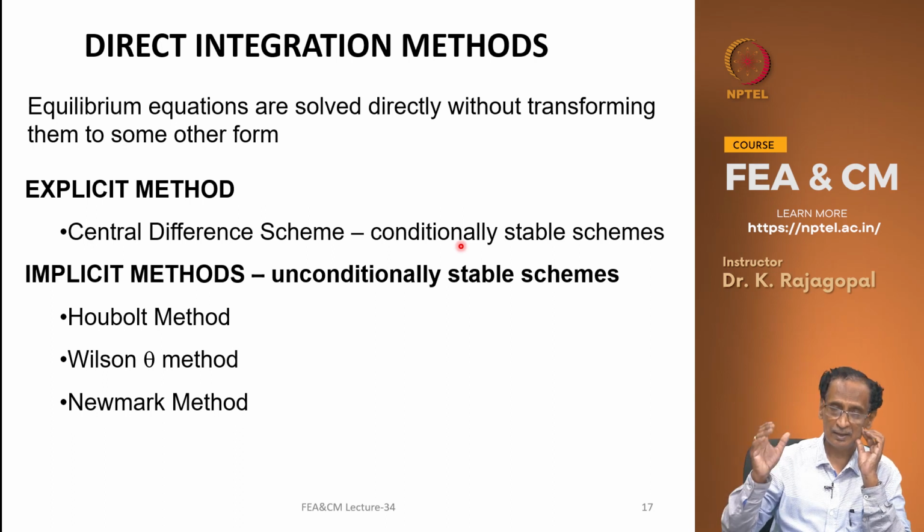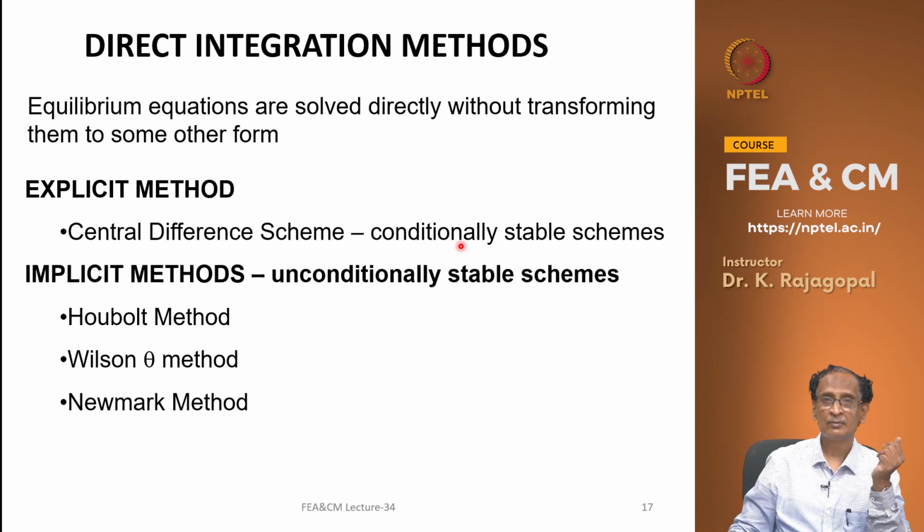On the right hand side we know all the quantities, they refer to the previous time step, whereas in the implicit method the unknown terms are there on both the left hand side and the right hand side.